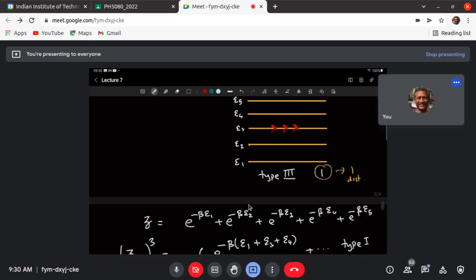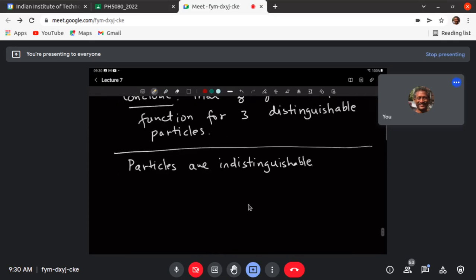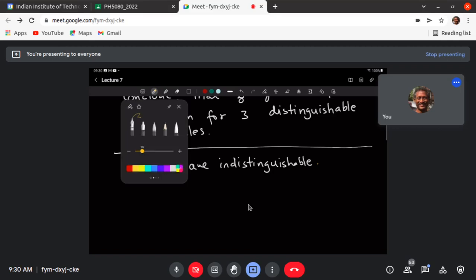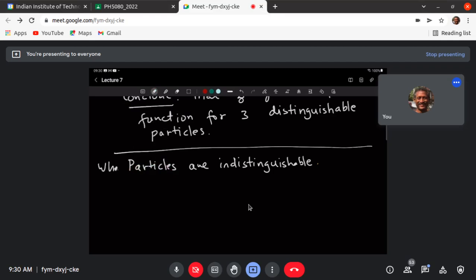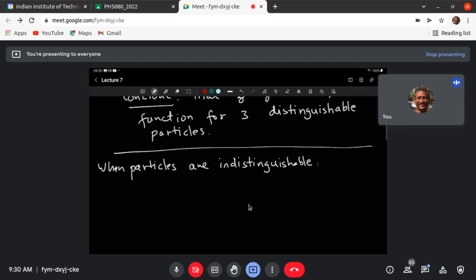So what we see is that when particles are indistinguishable, z cubed does not work. Is this point clear? It gives the wrong prefactors.